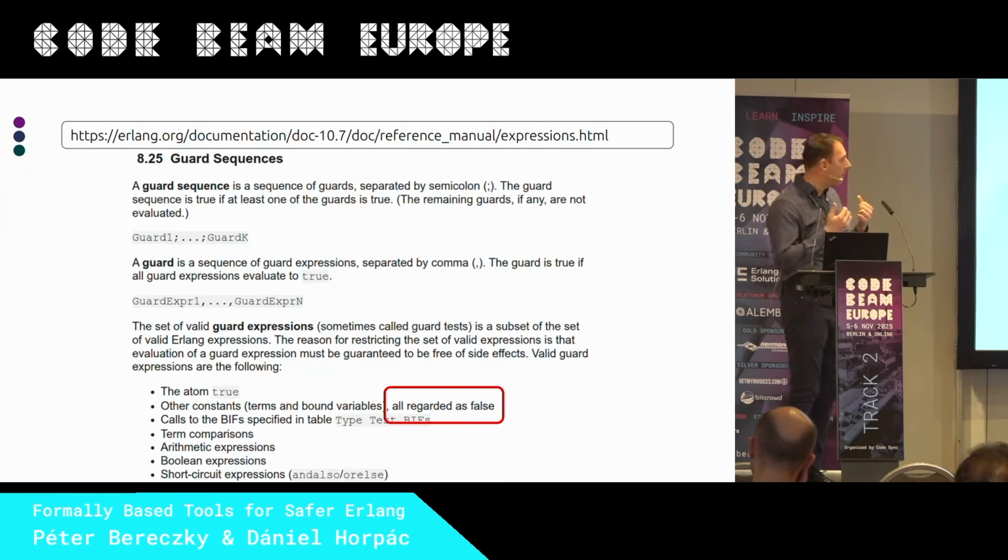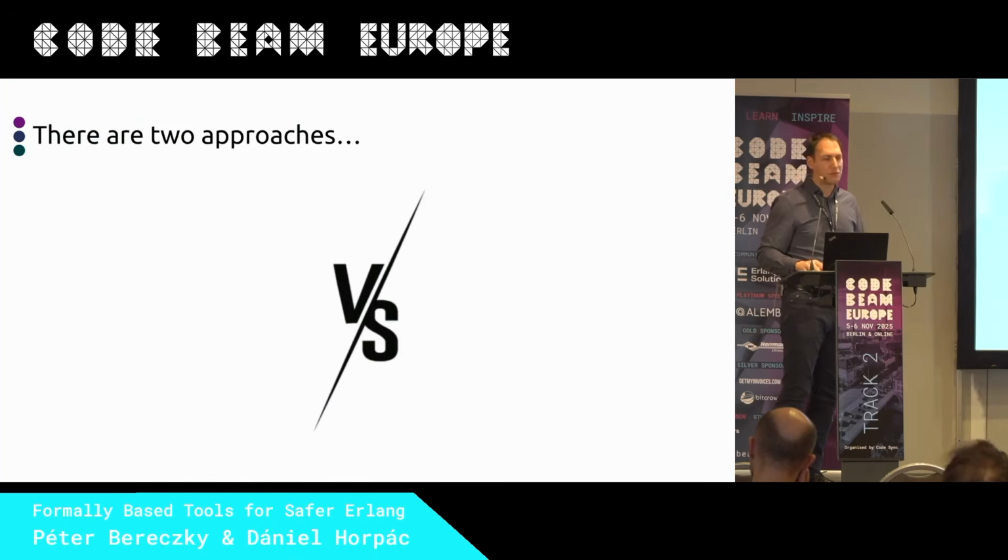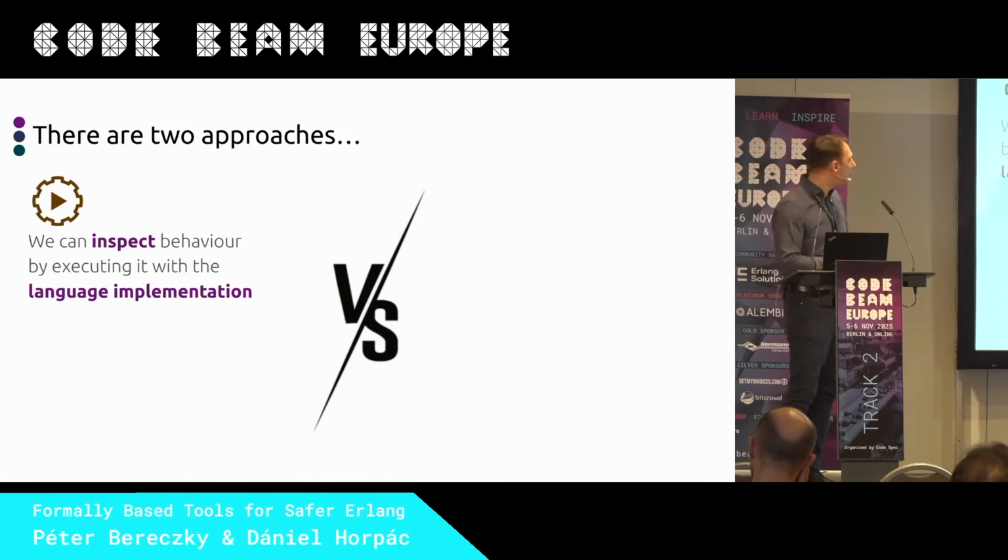So now we have a very good understanding of this seemingly simple snippet without running the code. We deduced what it is supposed to do from the specification. So is this a better approach? Well, I think testing has its role. It is great that we can inspect the behavior by executing programs, but it is, in some sense, restricted.